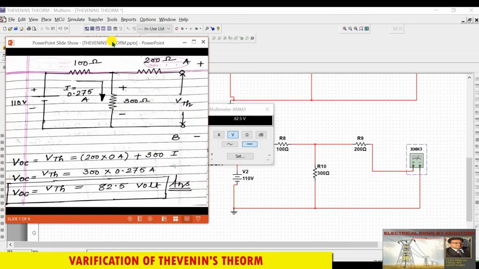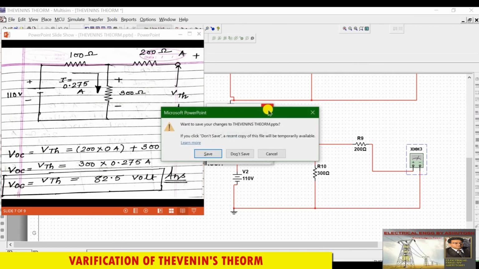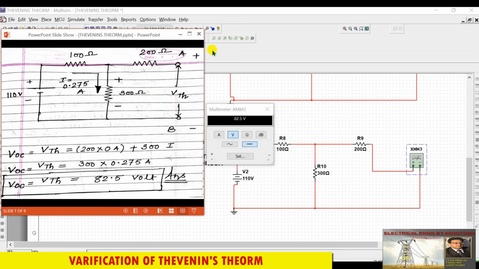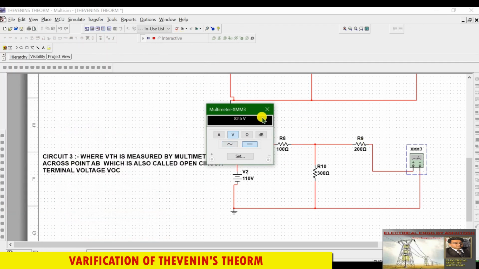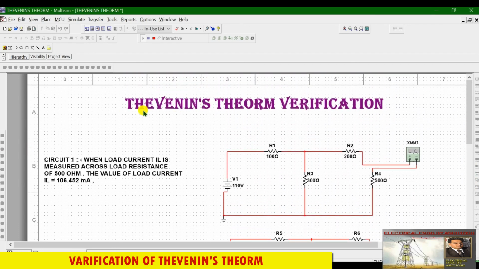We have solved this numerical and we already found VTH equal to 82.5 volt, and practically you are getting 82.5 volt. So this theorem is verified. You can say this is our Thevenin's theorem verification in the Multisim software.